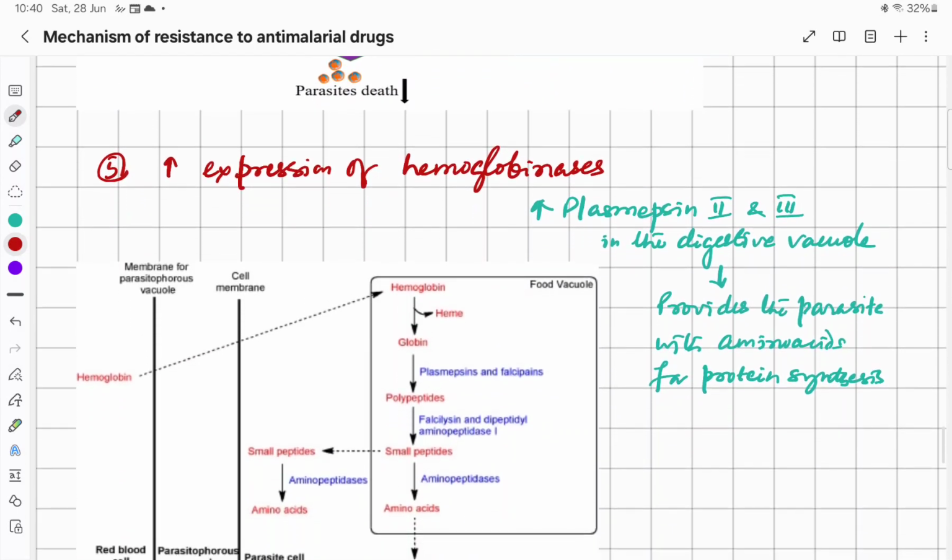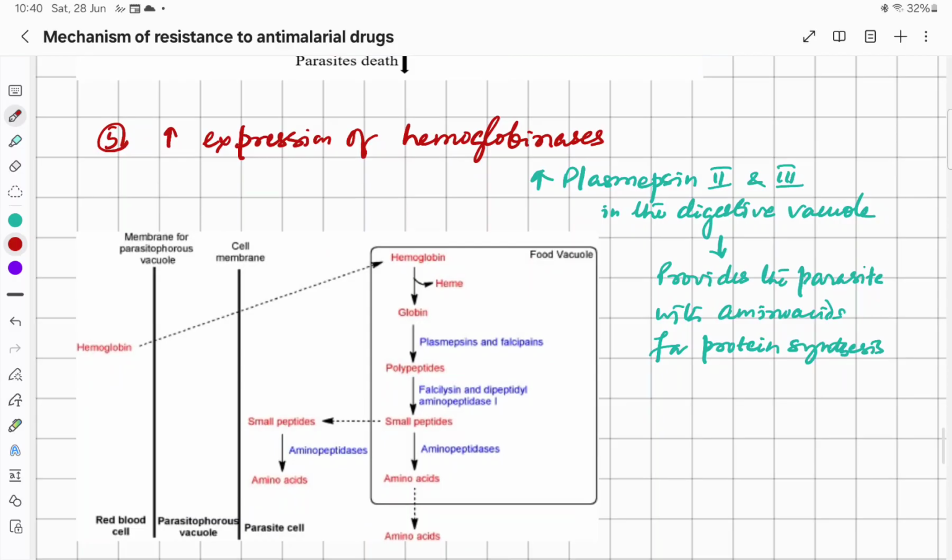The next mechanism is the increased expression of hemoglobinases. For example, as we have already discussed, the hemoglobin is converted to heme and globin. Globin is the food, and this globin is processed into amino acids by the enzymes, and if there is increased expression of these enzymes, then it will provide the parasite with amino acids and will facilitate protein synthesis.